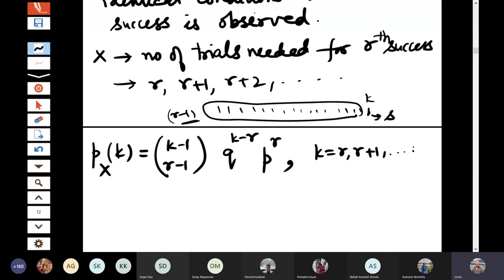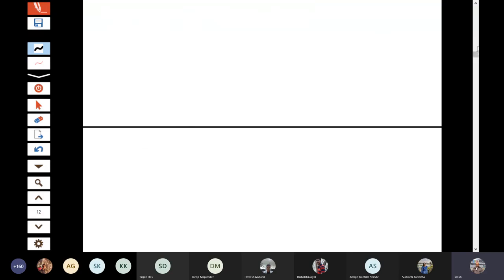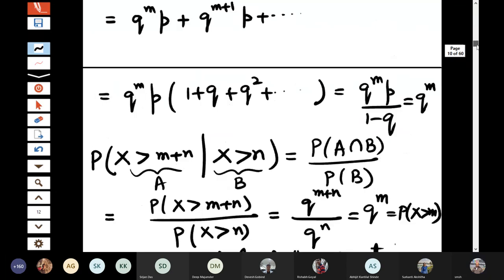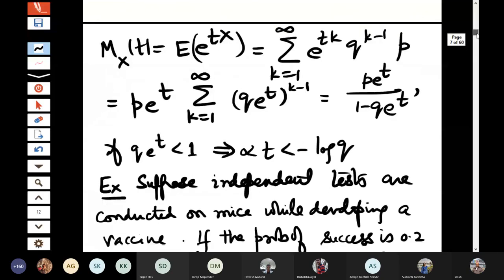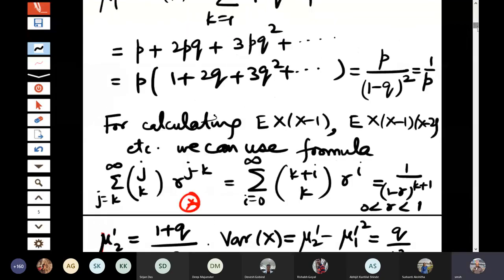Again, if I am looking at the sums here, for example, if I want to sum this one, then I have to use the same formula which I wrote earlier. This formula that I have written here for calculation of the moments, this red starred formula, sigma j choose k r to the power j minus k, j equal to k to infinity, that is 1 minus r to the power minus of k plus 1.